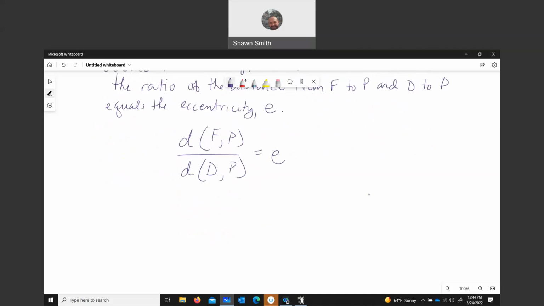But you already know one of them. If e equals 1, what type of conic do you have? You got a 1 out of 3 guess. Parabola, ellipse, or hyperbola? Think about the directrix on a parabola. The distance from the focus to a point was the same distance as the point to the directrix, right?